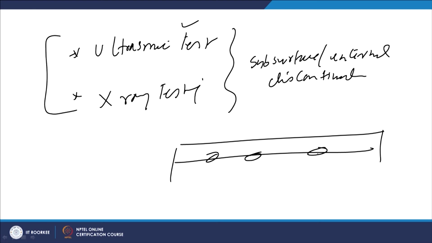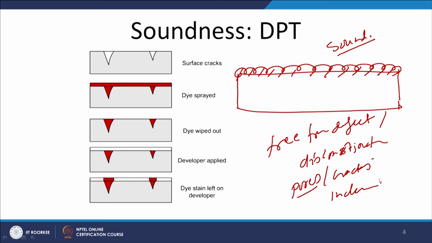So, the defects which are present below the surface in the form of cracks, poor bonding, inclusions, etc., can be detected using X-ray and ultrasonic testing methods. Now, we will see some of the basic principles associated with these processes.